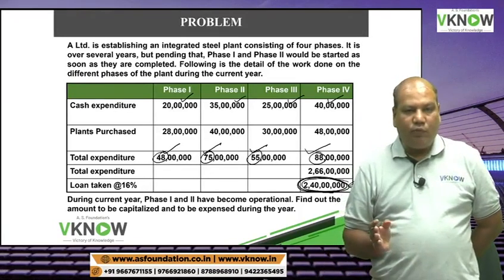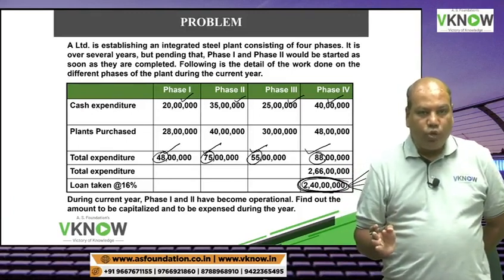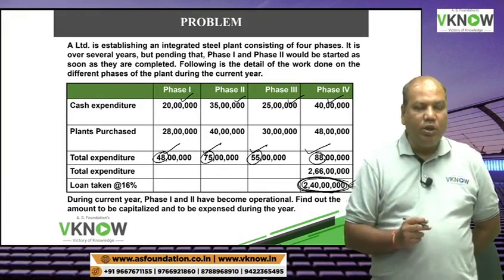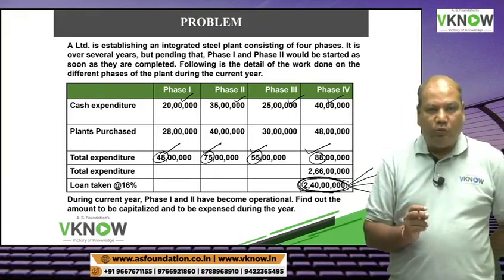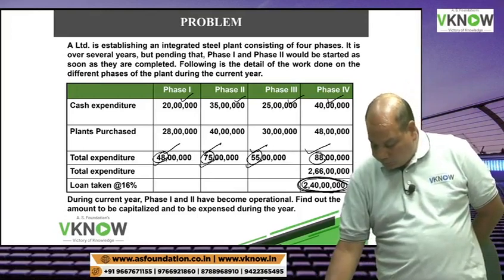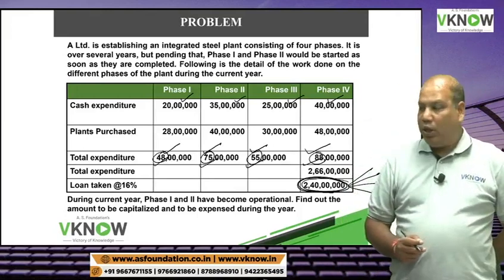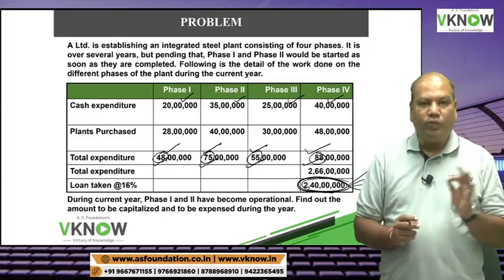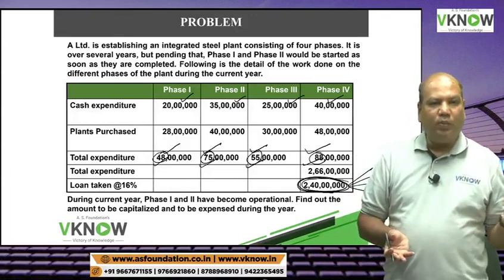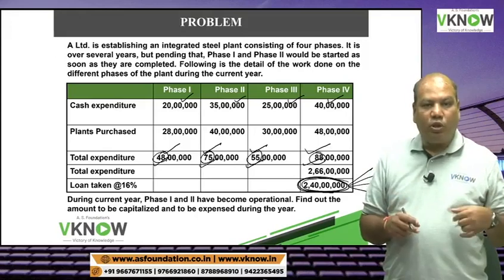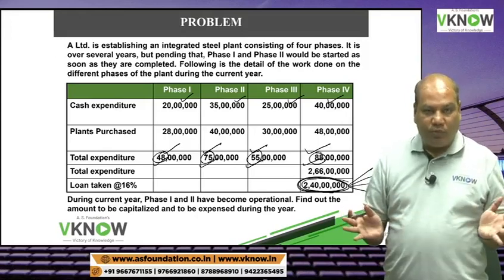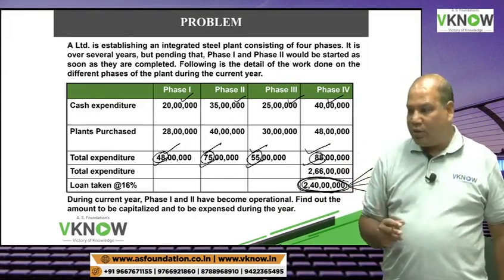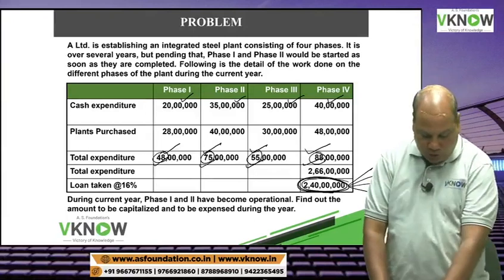Ultimately, I have to break that loan over four phases, so some basis of allocation must be there, and the basis will be the ratio of expenditure incurred. If they specifically mention the amount of loan for each phase, then my job is simple, I will apply that loan only. But because here the loan is common and there are four phases, I have to apportion the loan over these four phases.